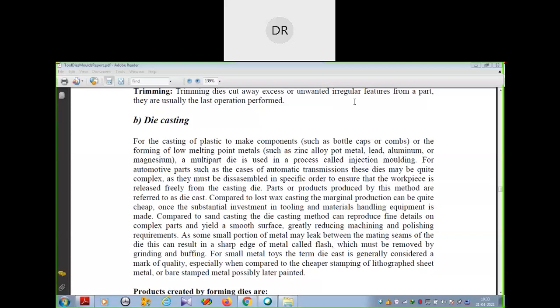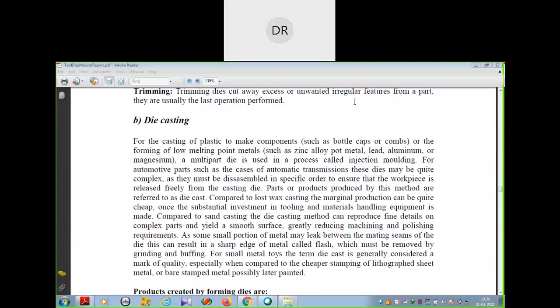Parts or products produced by this method are referred to as a die cast. That means whatever parts or products are produced using this, these automotive parts, are called die cast.